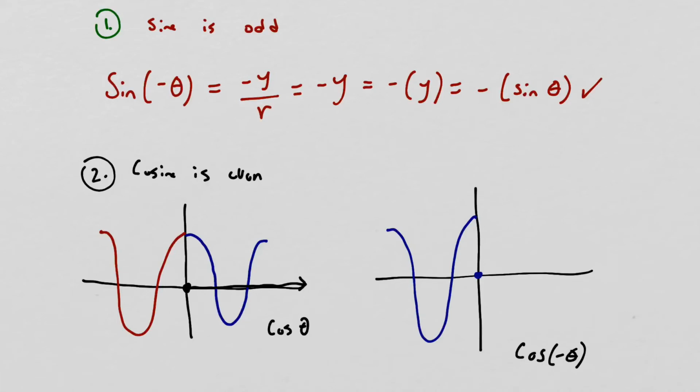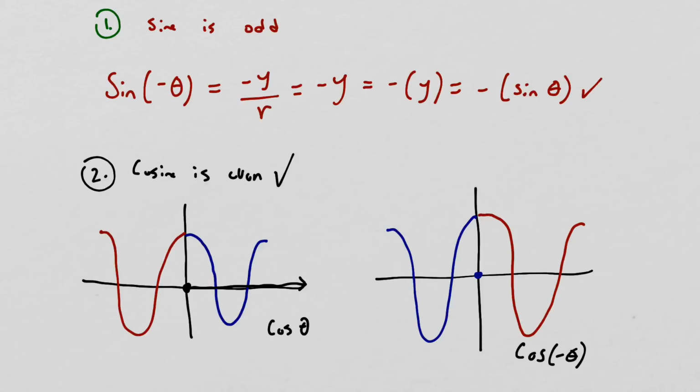And then everything on the left-hand side goes to the right-hand side, which means we're going to map the red piece of our curve to the right-hand side. So graphically we see that we should get the same function, we're just switching where the x values are going. So this proves graphically that cosine is in fact even.